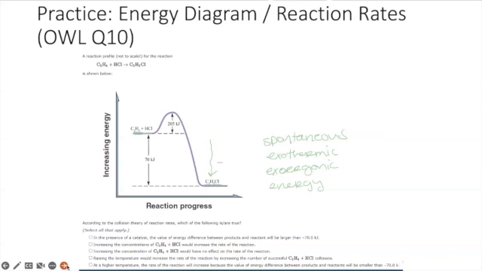So energy out, or energy released, in these kind of reactions. I've gathered my thoughts here. They're directly giving me the delta E and the activation energy, so I don't have to do any math for it.